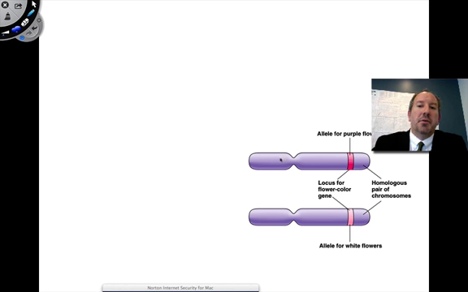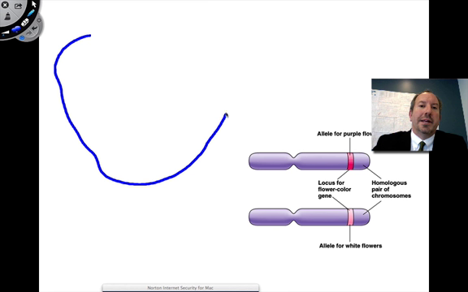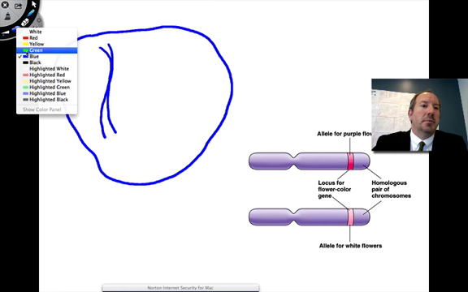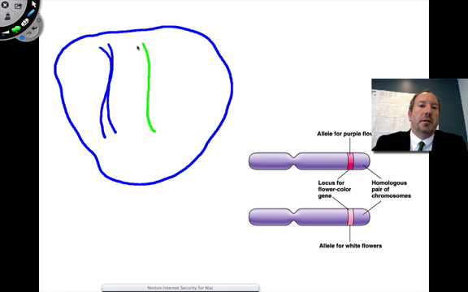We now know that a cell of a hybrid pea plant has a chromosome from one parent and a chromosome from the other, and these are homologous chromosomes.